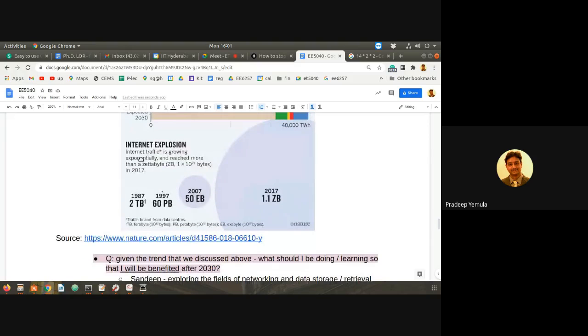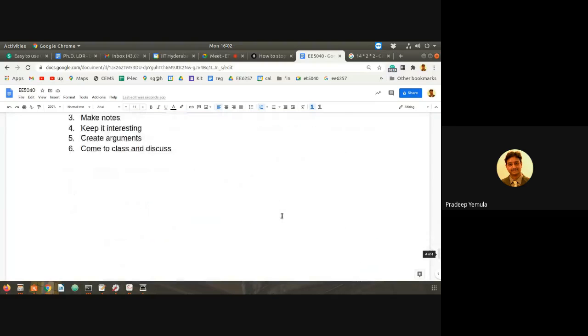Internet explosion: Internet traffic is growing exponentially and reached more than a zettabyte in 2017. You can look at 1987, the small dot, not even visible. Then a little dot in petabytes, then it became exabytes, and now we are in zettabytes. So I think we will stop at this.